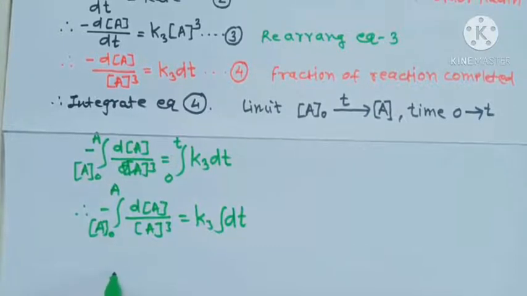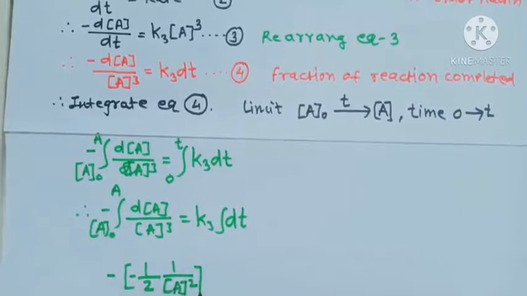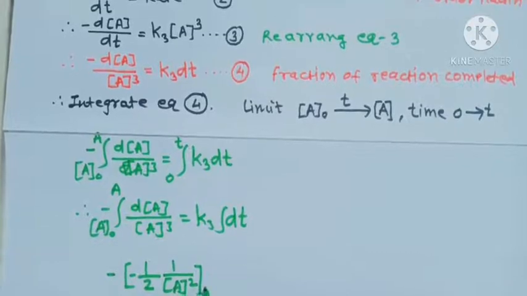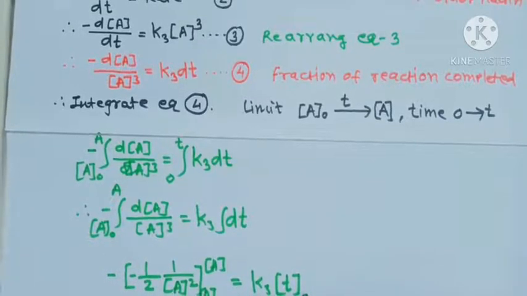The integration is minus into minus 1 by 2, 1 upon A raised to 2, with the limits A0 to A, is equal to K3 into T, with limits 0 to T.